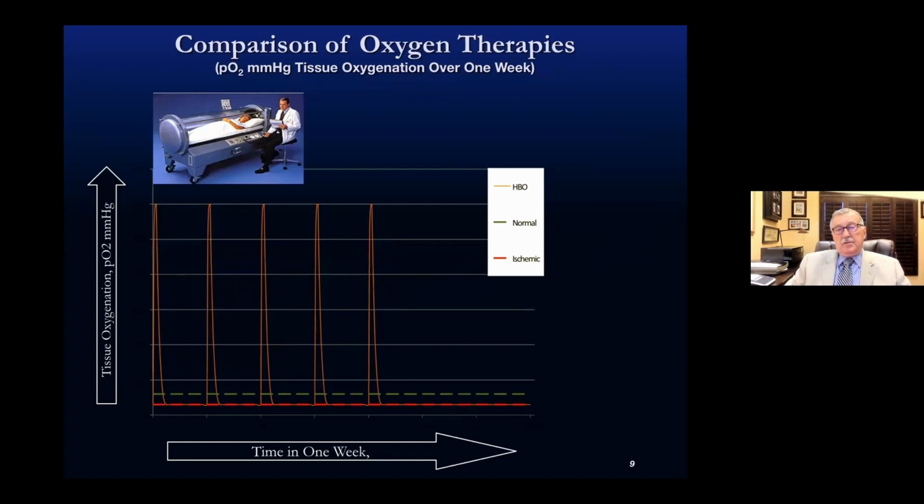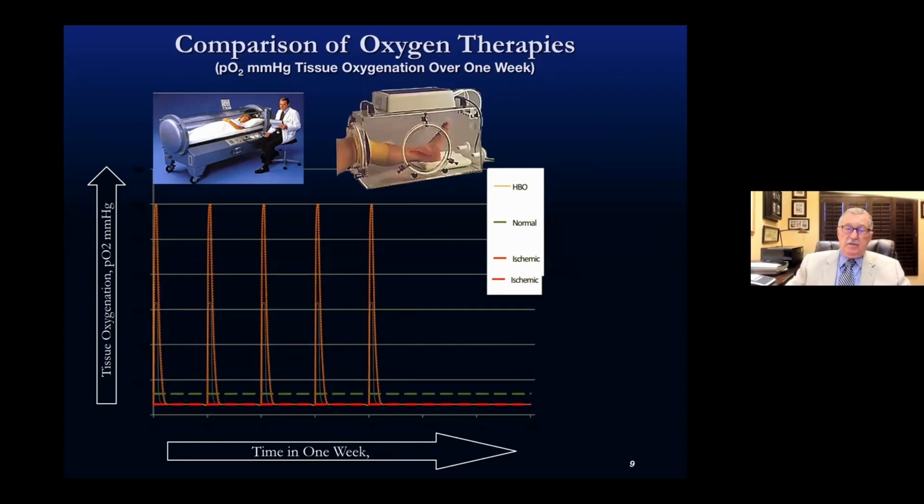This compares the amount of oxygen delivered with different systems. So here you see an ischemic wound and normal oxygenation. With HBO, you have intermittent spikes of high oxygen concentration. The same with the chamber.